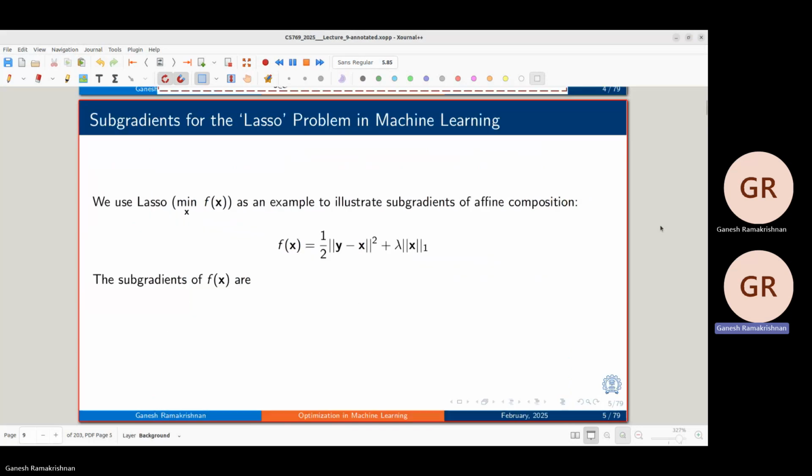Okay, with that, we move to a very interesting expression. A simplified form of what we call the lasso.